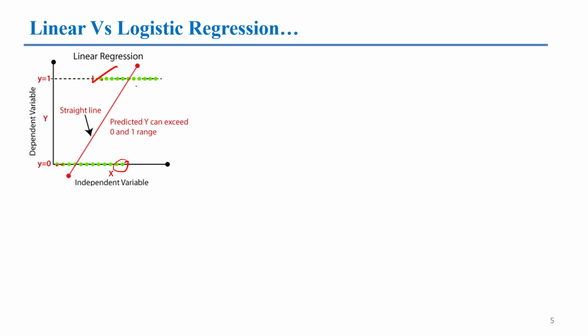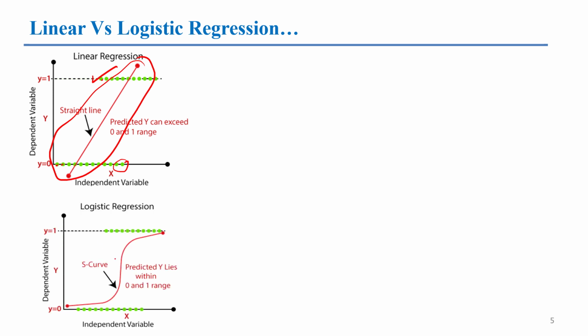So for that we need an equation or function that lies between 0 and 1, as we can see over here. If I use the linear line, it might be possible to cross this range. Okay, so for that we are using the S curve, where the value is either 0 or at maximum 1. With the help of that, we can easily predict, based on the x variable, the probability of y given that particular x.